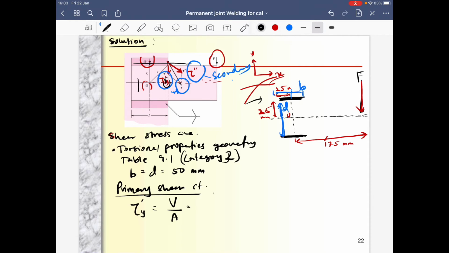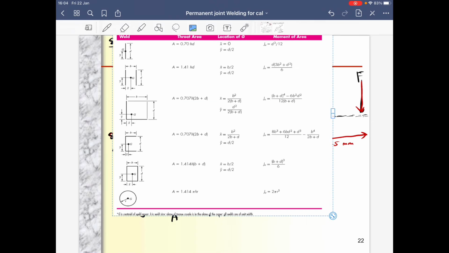So you write it down. V is represented by F. So we do it directly in the welding calculation. V could be directly represented by F, the force that tries to bend, over A. For the A, 1.41 hd. This is from category 2 earlier.